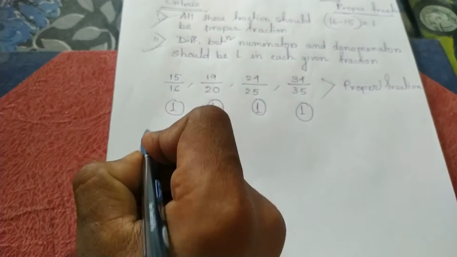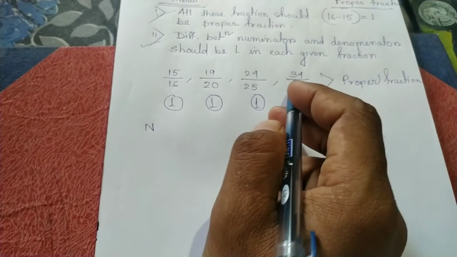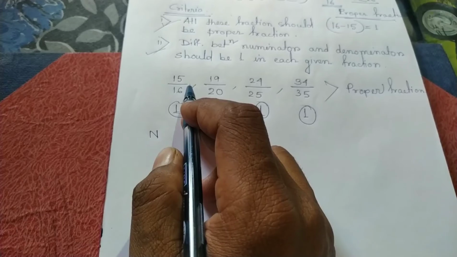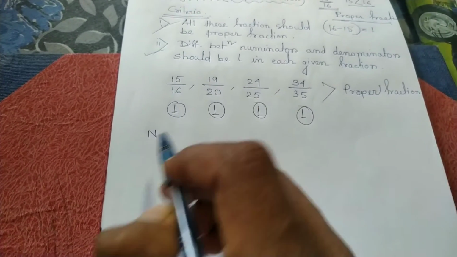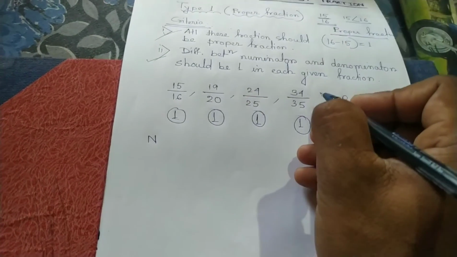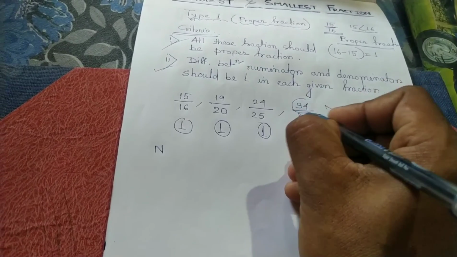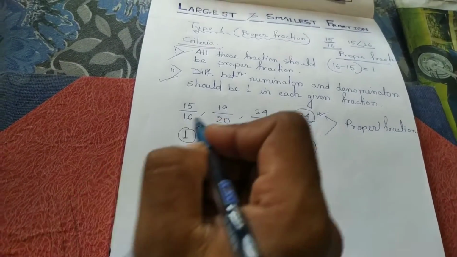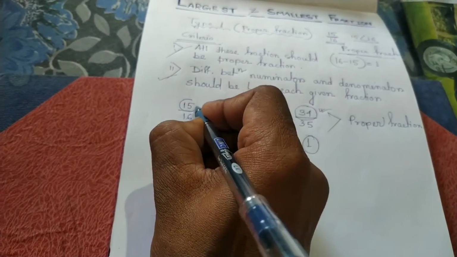Now you have to find out the highest numerator and the lowest numerator in the given fractions. Here you can see 34 is the highest and 15 is the lowest.